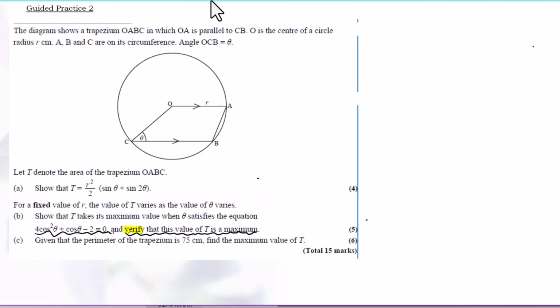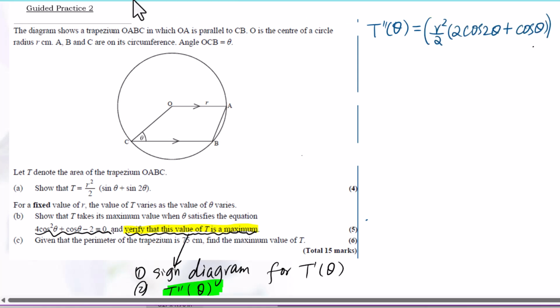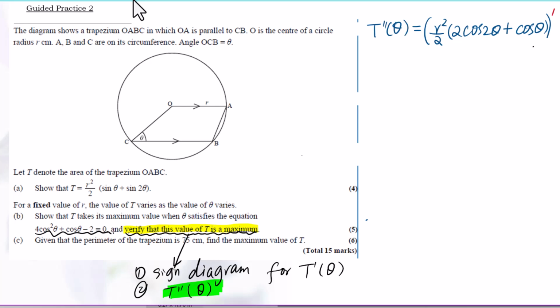Let's go to B2. Verify this value of T is a maximum value. There are two ways to do this verification: either you use a sign diagram for the first derivative, or you use the second derivative. The second derivative is preferred because it is easier. T double prime of theta equals the derivative of the first derivative.